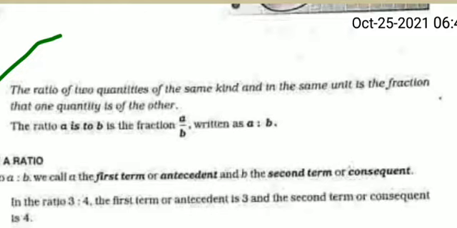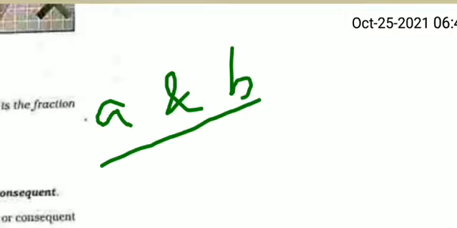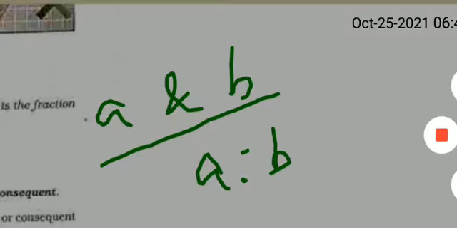Here, if A and B are the two quantities, then we can write the ratio of A is to B as the fraction A by B. So if we take A and B as two quantities, we can write the ratio form as A is to B. Understand?